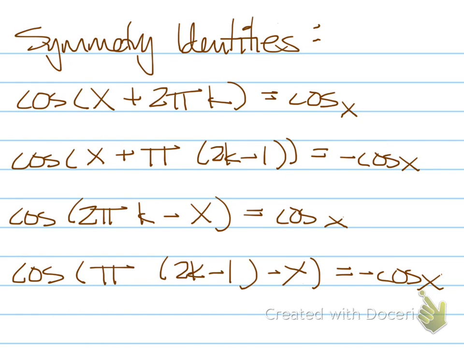Same thing for the cosine. These symmetry identities are essentially the resulting trig function whenever you rotate or reflect these trig functions.